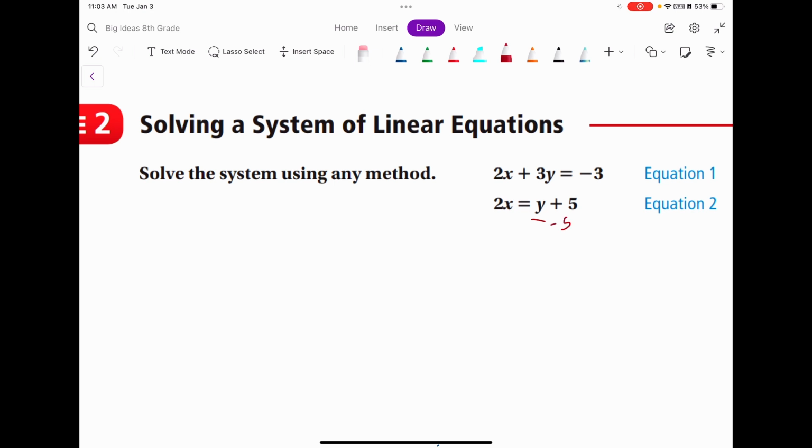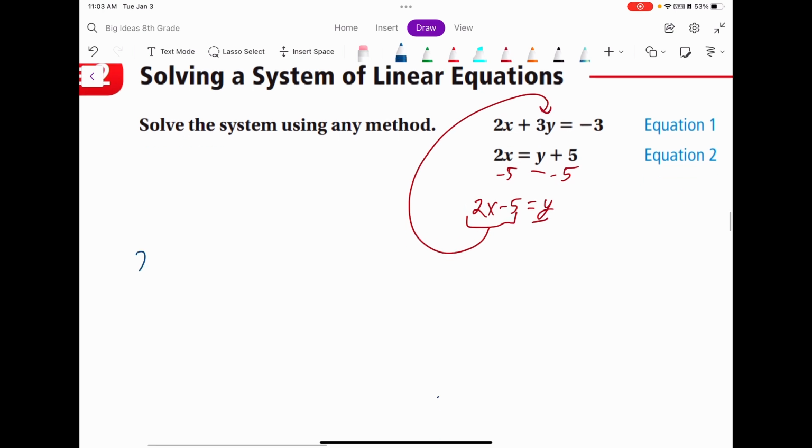So what I'm going to do is subtract 5 from both sides. So I'm going to have 2x minus 5 equals y, okay? So now I have y equal to this, which I can now plug in to my top equation. So what we'll see is we have 2x plus 3 times y, where y is equal to 2x minus 5 in this case, and that equals negative 3.